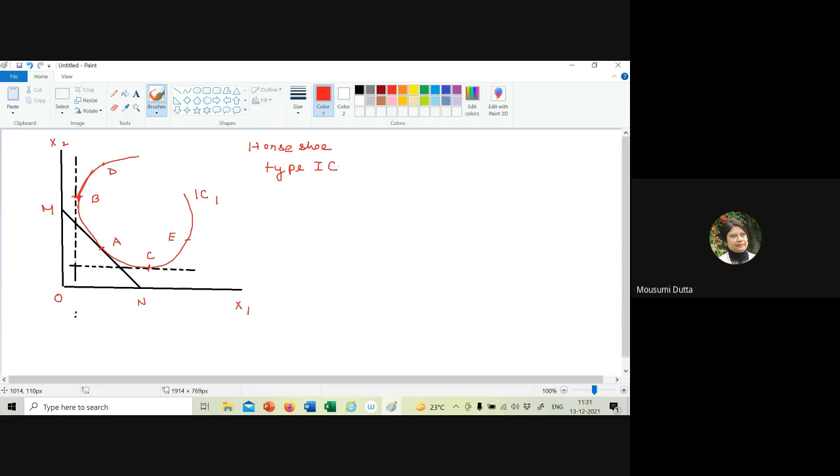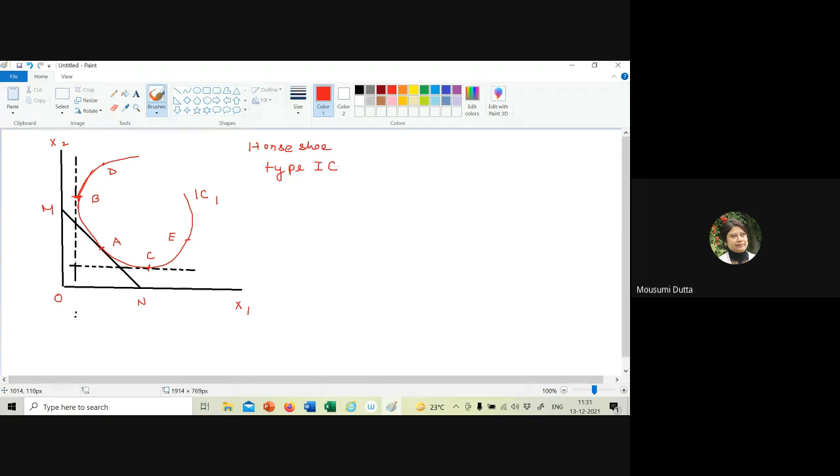Okay, horseshoe type IC. So what I have done, within the stretch BC, the indifference curve is strictly convex to the origin. Negatively sloped and strictly convex to the origin.